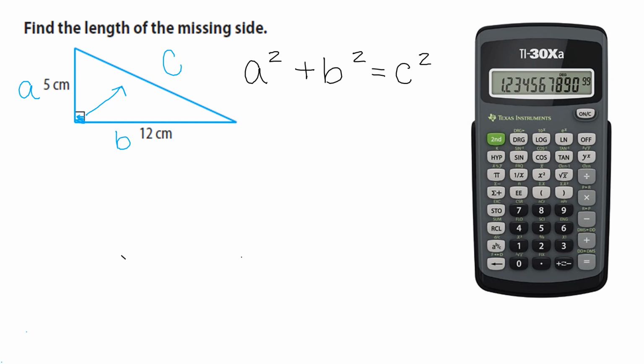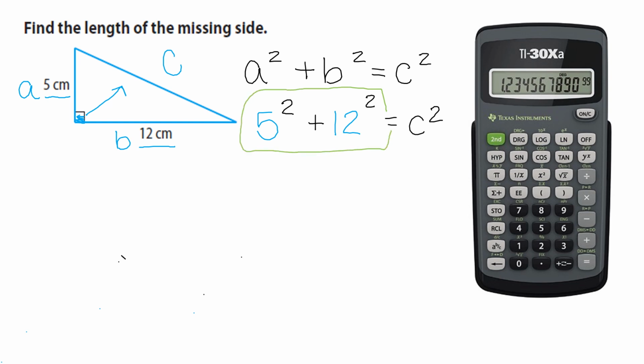So let's go ahead and plug those numbers in place of those letters. So instead of the letter A, I'm going to plug in the number 5. So we'll have 5 to the second power plus our B value, which is 12, to the second power, and that will equal C to the second power. The one thing I didn't say in the previous video that will help you for the rest of this topic is you can type in this entire expression into your calculator and get the answer.